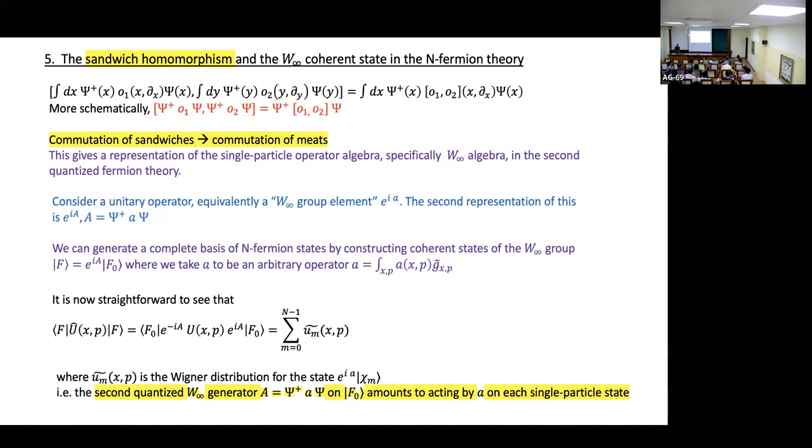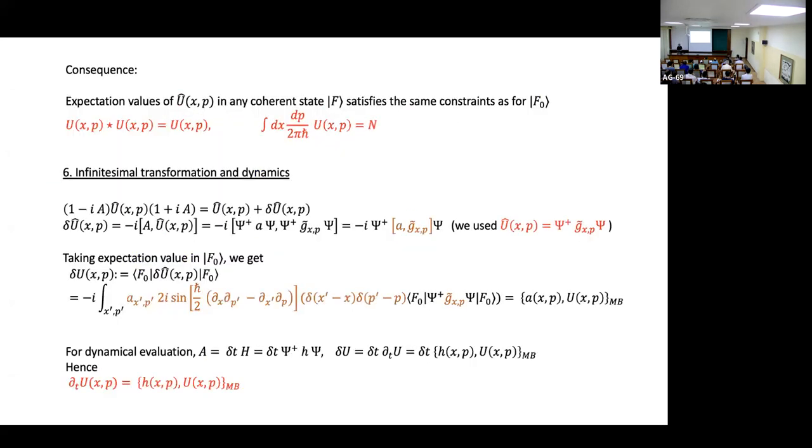Right. So that's what I'm doing here in the second quantized theory. But each of these statements is also true about the single particle state. So all the occupied states have been rotated by a single particle rotation.